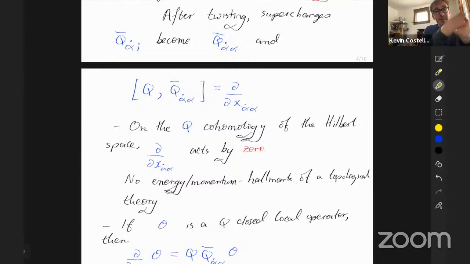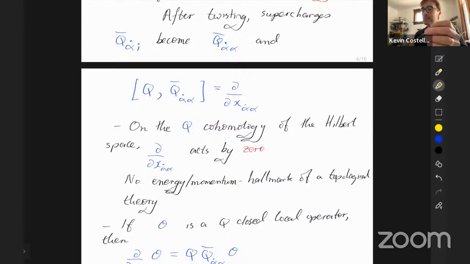So energy is the action of translation in time on the Hilbert space, and momentum is the action of translation in space. So let's explain why these operators vanish.